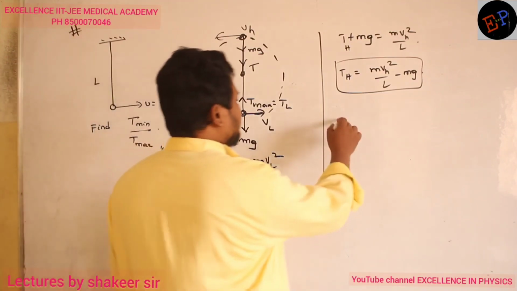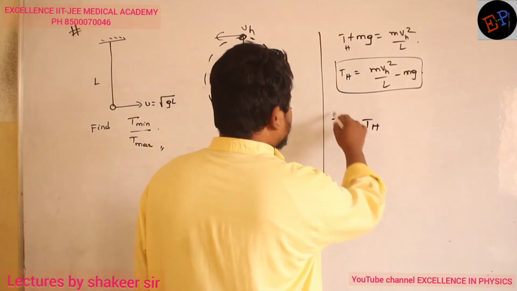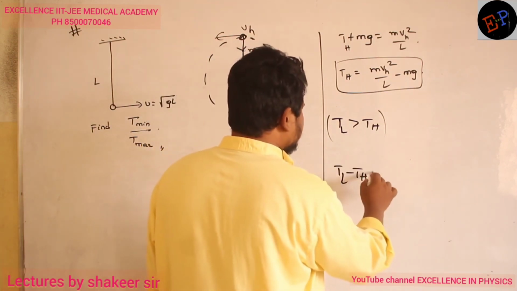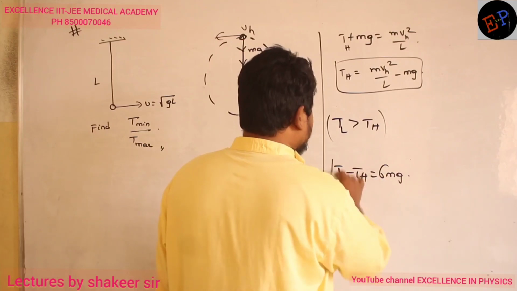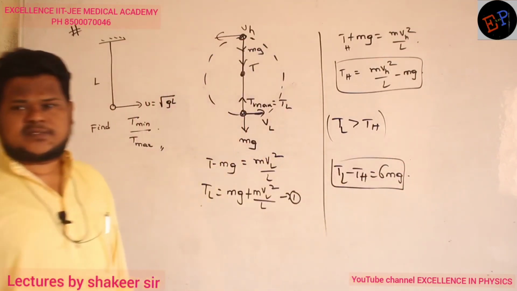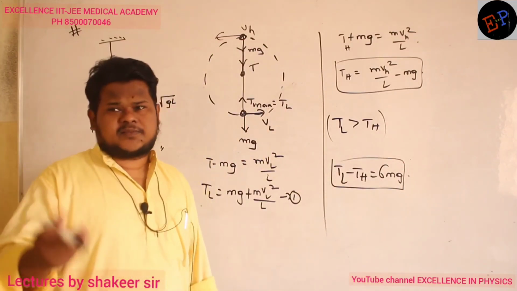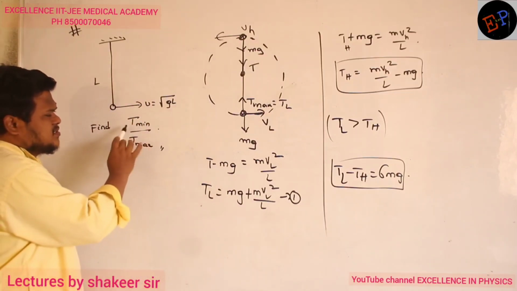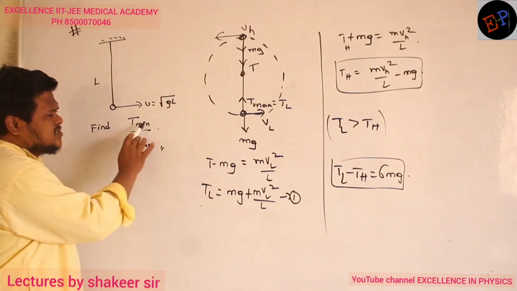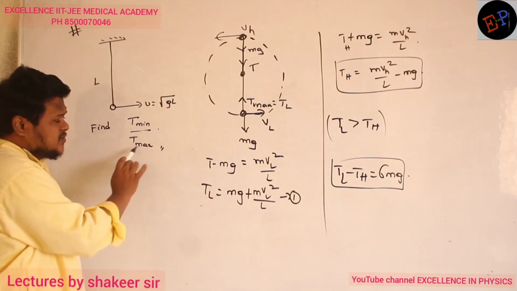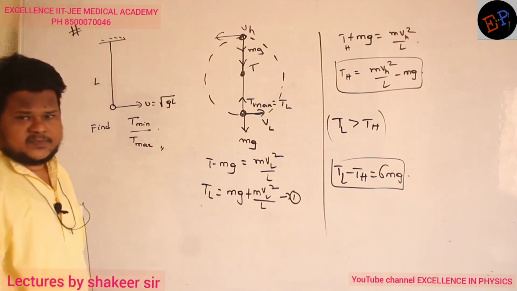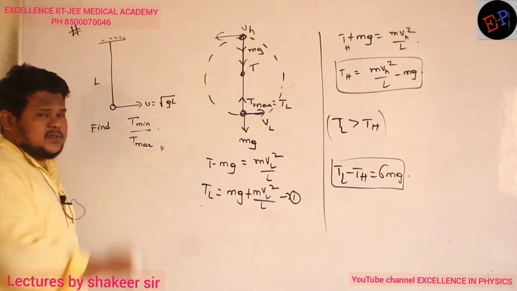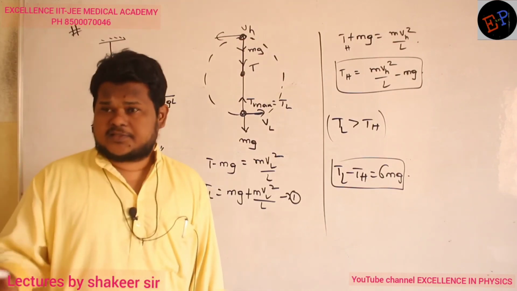And already we have derived one relation, TL minus TH is equal to 6 mg. TL minus TH is 6 times the weight of the body. Now he is asking to find the ratio of tension at the minimum position to tension at the maximum position. First of all, you should calculate the position where maximum tension occurs.